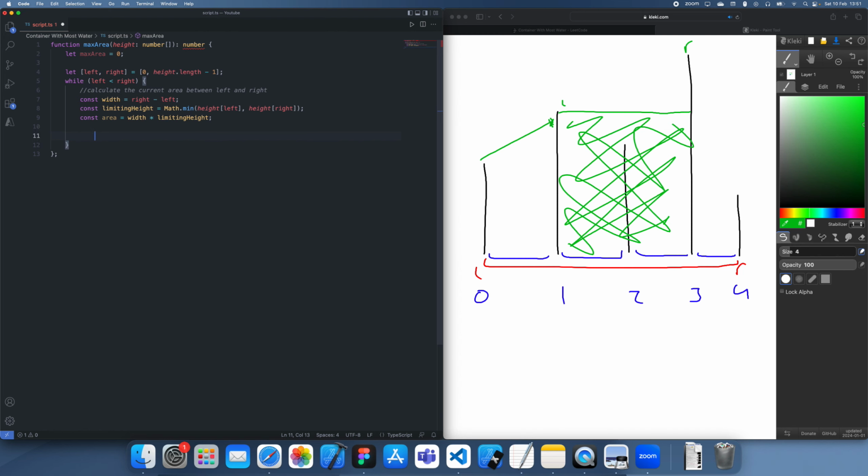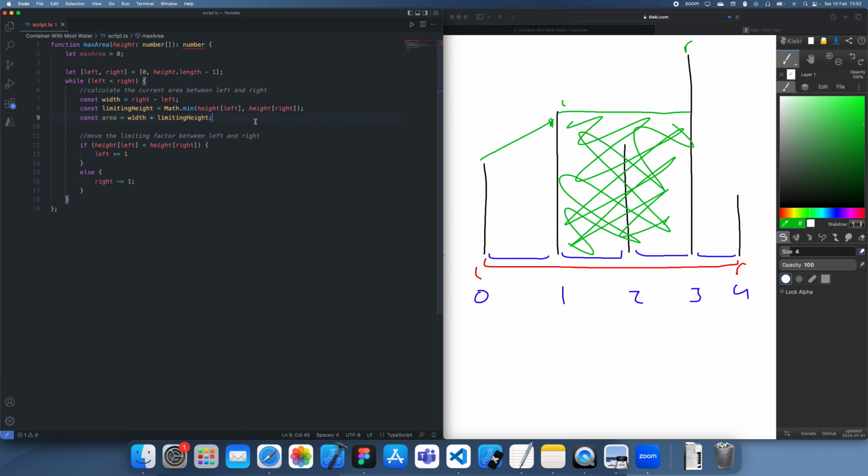And then what we need to do is move the limiting factor between left and right. So we'll just do if height left is lower than height right, then we need to obviously move left, so we'll increment left by 1, otherwise we'll decrement right by 1, like so.